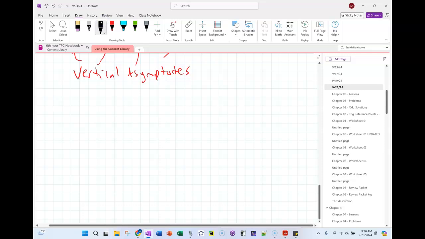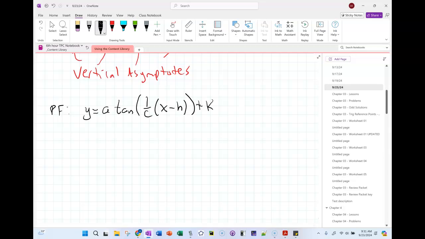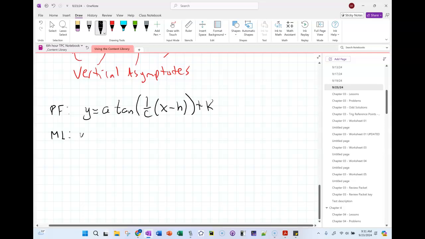All right, so if our function is y equals a times tangent of 1 over c times x minus h, plus k, we have that our midline is y equals k. Our period is pi times the absolute value of c.